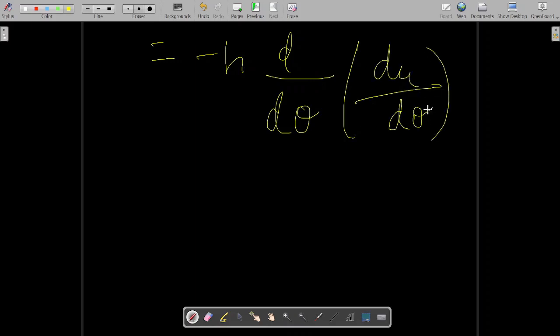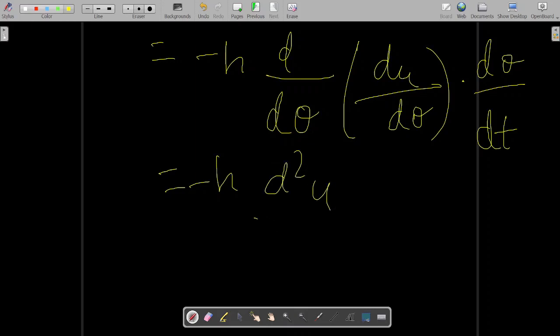So it will turn out to be minus h times d2u by d theta 2, right?